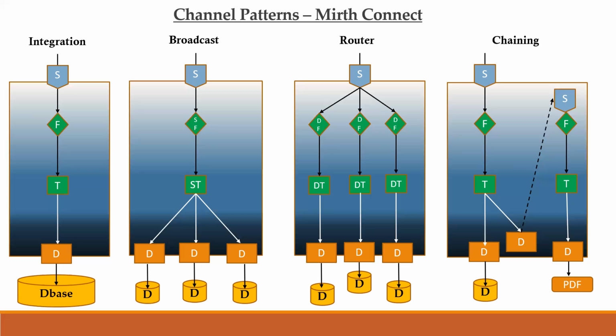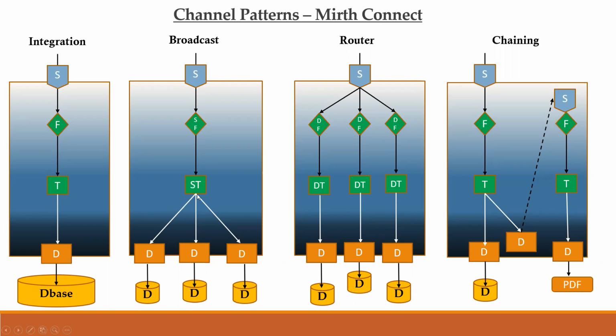Now, when a patient is registered in the PM system, it has to have its record in all the EHR systems because we will never know which clinic the patient might visit. So when a patient is registered in PM, it will trigger an HL7 ADT message to this source, and that will travel through source filters and source transformers.